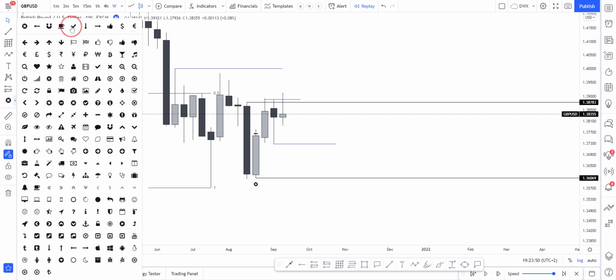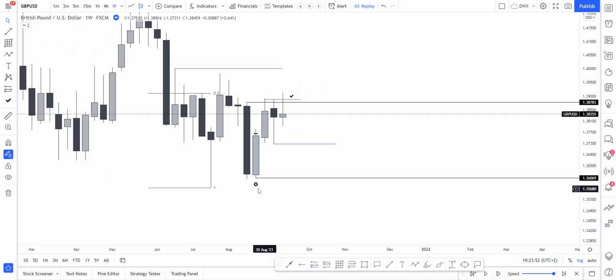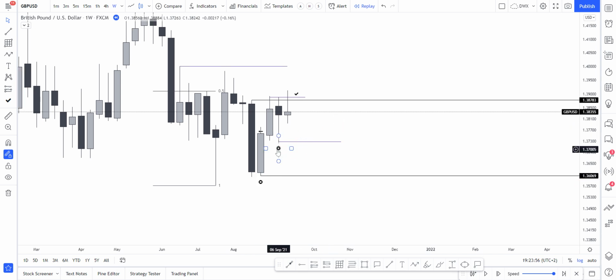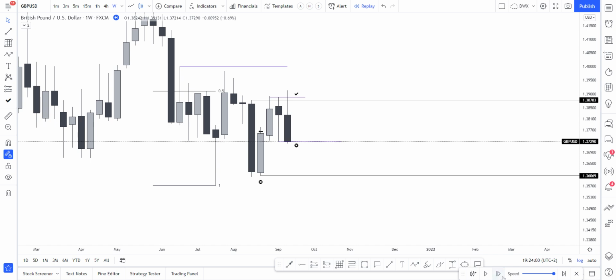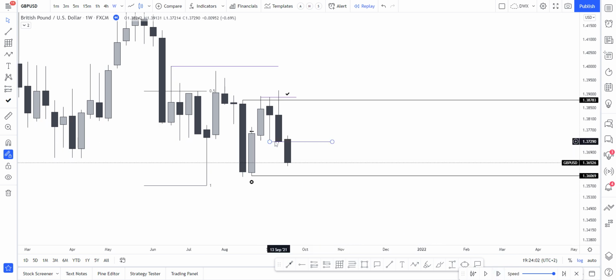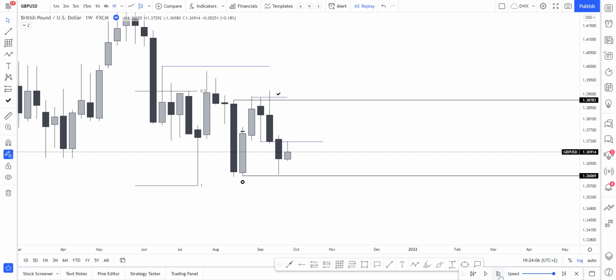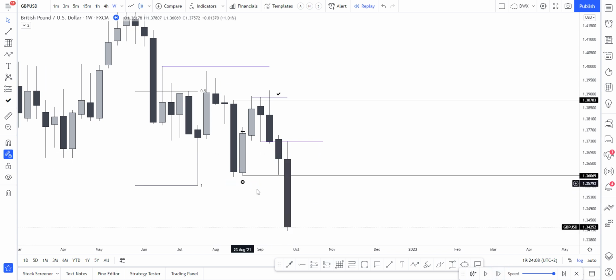So I would potentially just use this check mark. We did check that mark. So these are the areas that I'm still looking for price to trade to. So let's see what happens. We trade down, liquidity below this low. And let's see, do we go all the way down? Liquidity below this low.